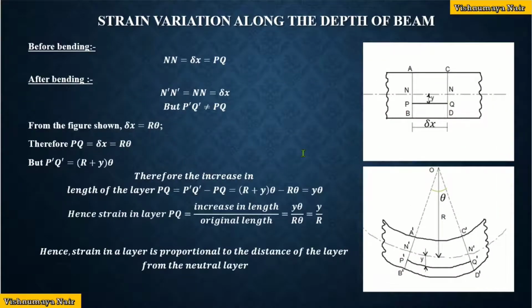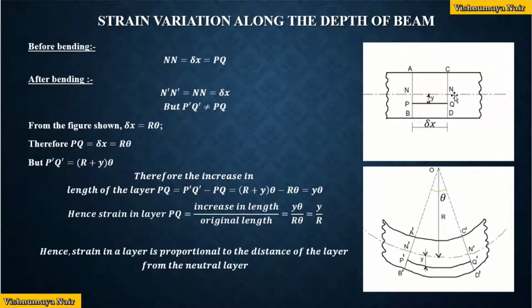Now let's look at the strain variation along the depth of the beam. Before bending of the beam, the lengths of all the layers in between the sections AB and CD will be equal to delta X. So before bending, NN is equal to delta X is equal to PQ. After the bending, we can see that the layers above the neutral layer have been shortened, whereas the layers below the neutral layer have been elongated.